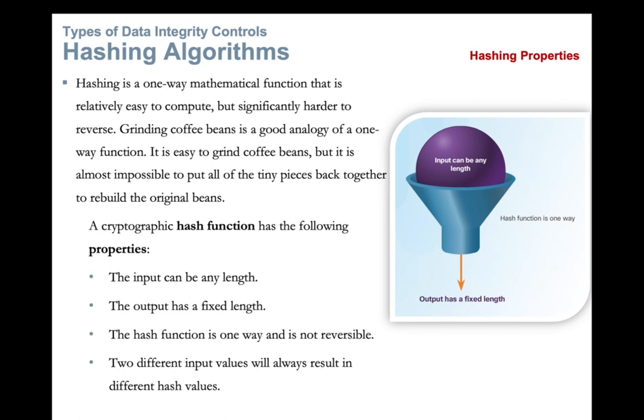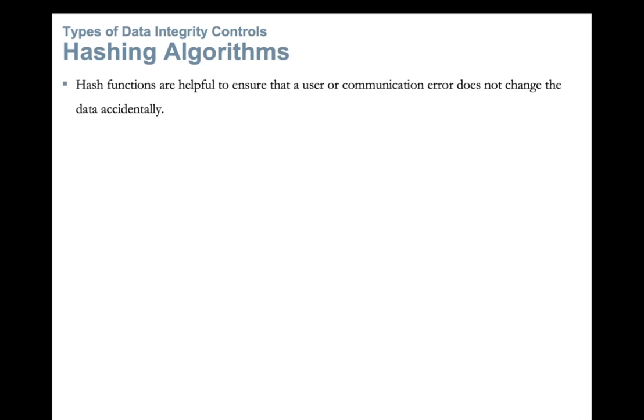Then, in this type of data integrity control, in the hashing algorithms, let us see a simple example of a hashing function. Hash functions are helpful to ensure that a user or communication error does not change the data accidentally.